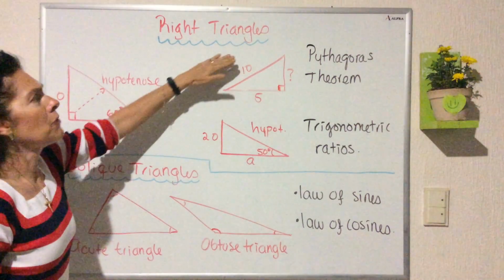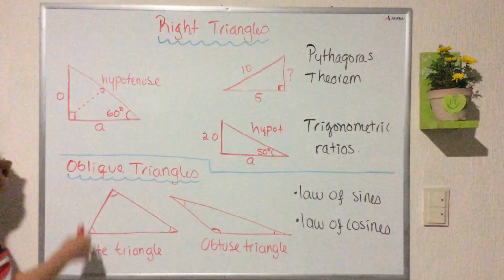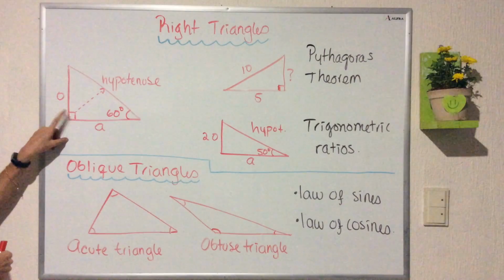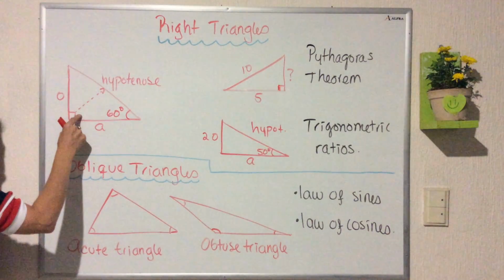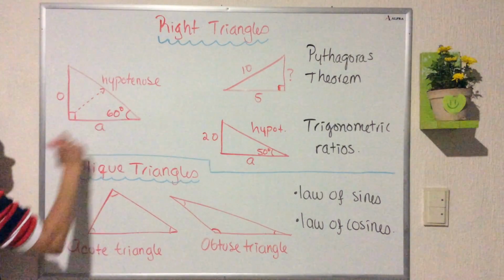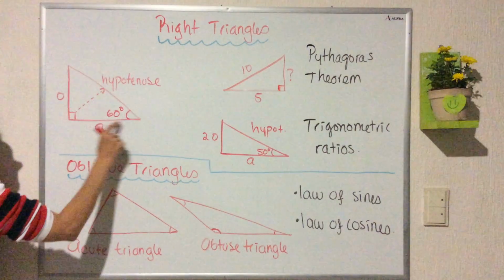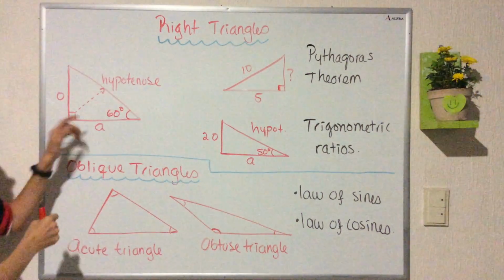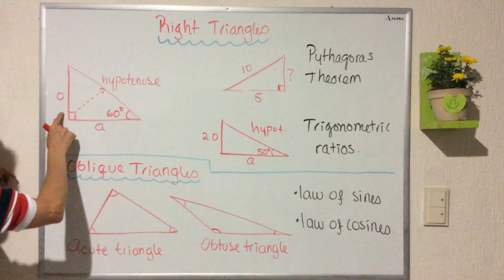We were working with right triangles. Remember the word problems that we were solving? Where we have a right triangle, an angle is 90 degrees, and the side opposite to the right angle is the hypotenuse. And if we have an angle here, for example this one, which is 60 degrees, the side beside this angle is the adjacent side, and the side opposite to this angle is the opposite side, okay?